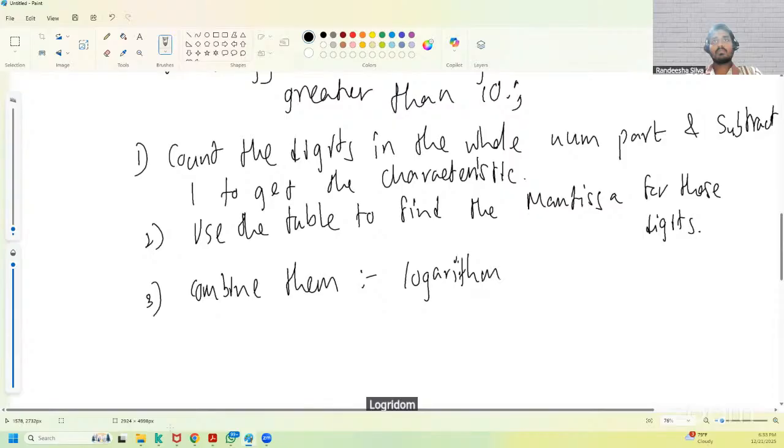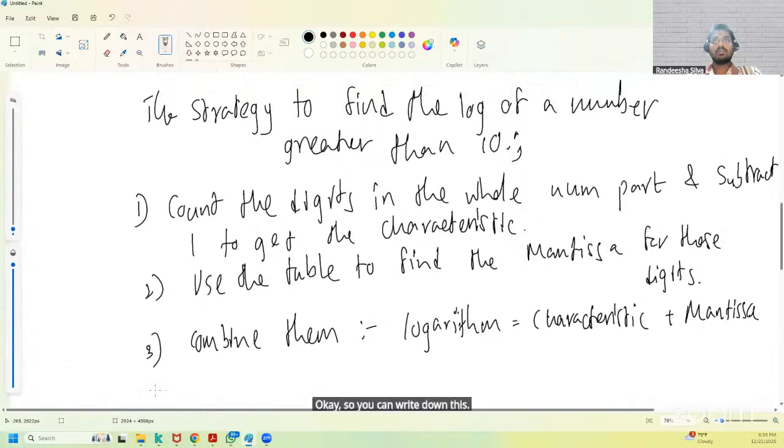Logarithm equals characteristic plus mantissa. This is easier. Okay, so you can write this down. If this is unclear, you can ask me. Hope this is clear. I will give you 1 minute to write this down. Then we'll go for an example, and then you can do some calculations as well.